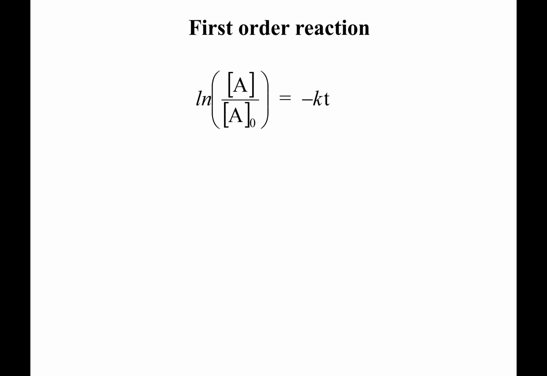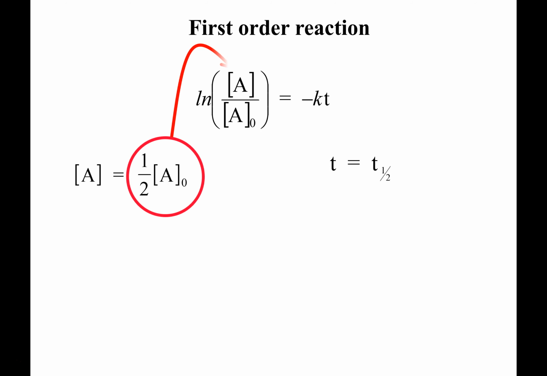If we go for the first order, what we're going to do is take this concentration A and make it 1/2 of A0, and T is going to be the half-life. Go ahead and do some substitutions.